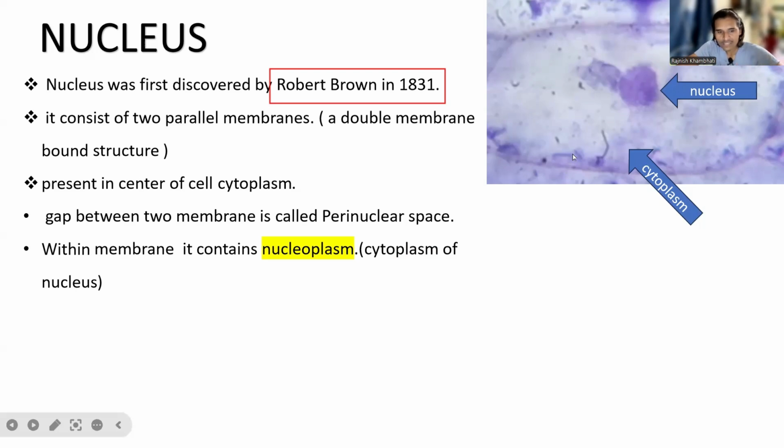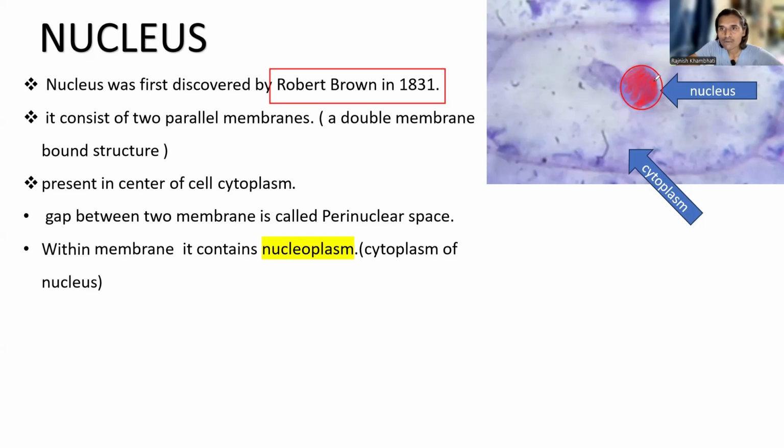Inside the nucleus, I will now draw it for you. For example, this is the nucleus. Inside the nucleus, what we can see is cytoplasm, so this is that cytoplasm. I'm drawing the cytoplasm.